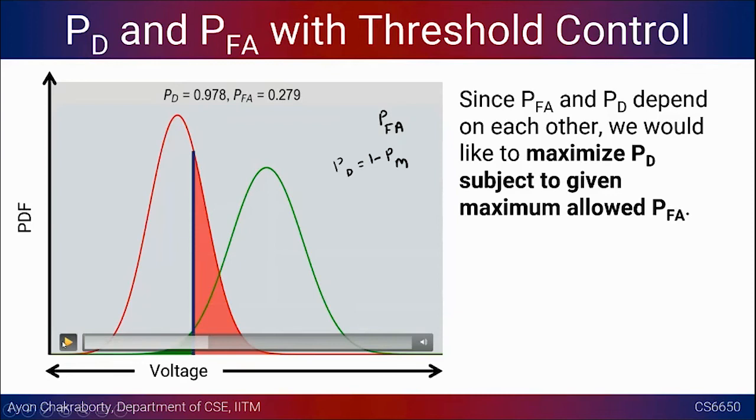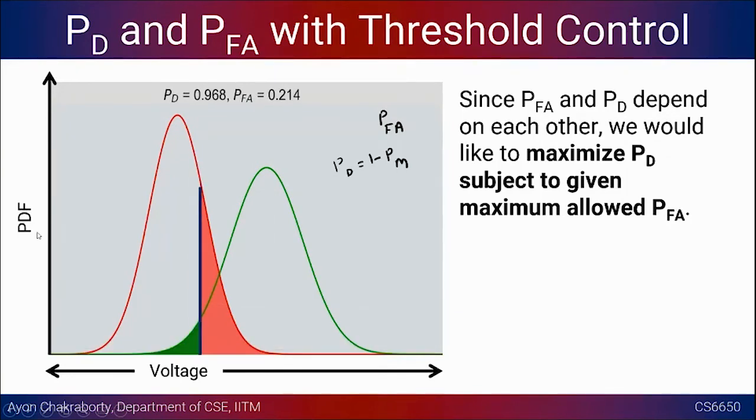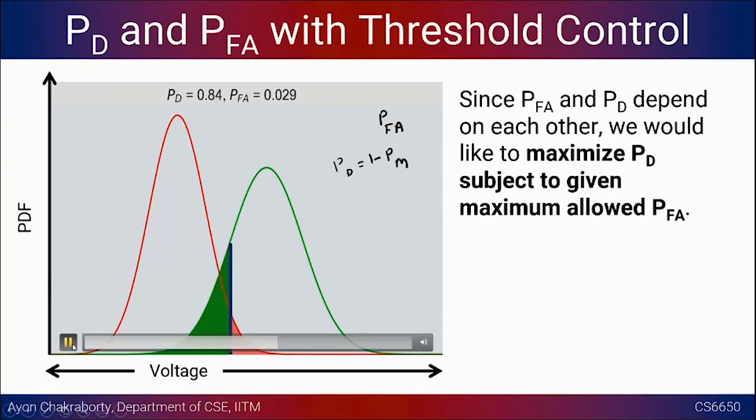I have not shaded that one, I have just shaded the probability of misdetection. So your PD is now 0.97, and 97% is your PD, whereas your probability of false alarm is about 30%, right? And now it is decreasing. So your false alarm has become much lesser now, right? But your PD has also gone down.